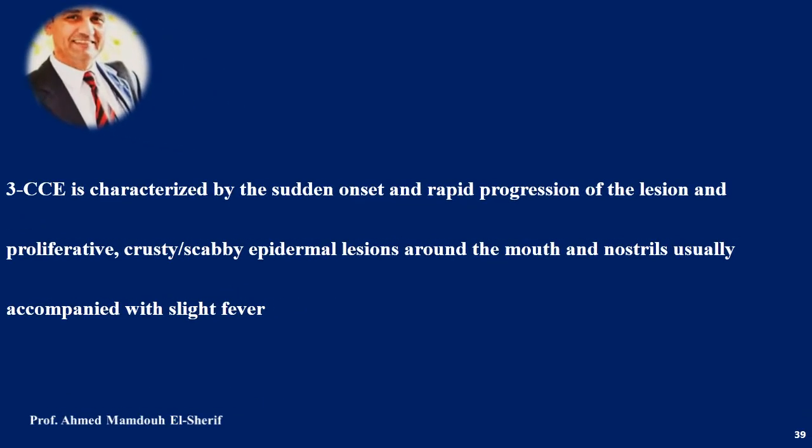Camel Contagious Ecthyma is characterized by the sudden onset and rapid progression of the lesion, and proliferative crusty scabby epidermal lesions around the mouth and nostrils, usually accompanied with slight fever.